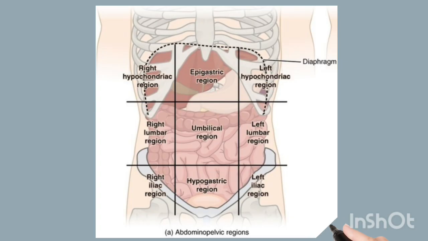First of all, the abdominal pelvic regions, or the abdomen, can be divided into different parts. Sometimes you call it the four quadrants, sometimes the nine quadrants.